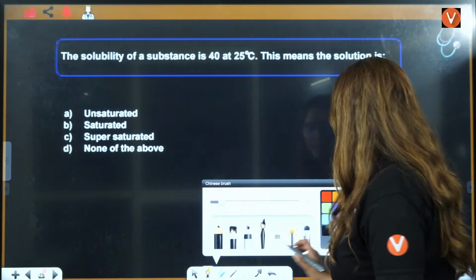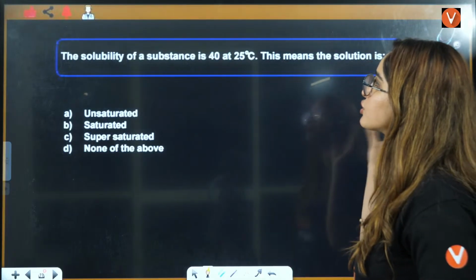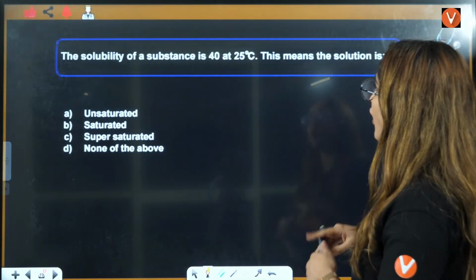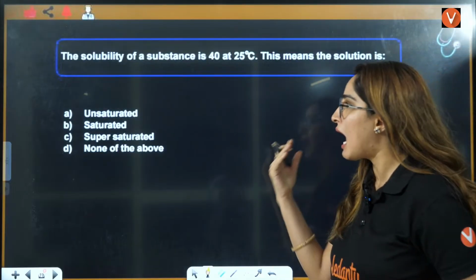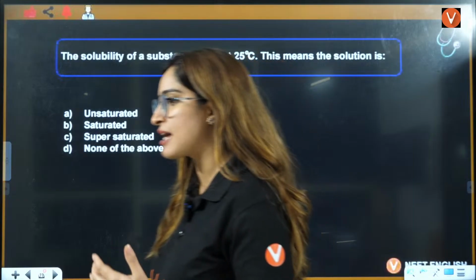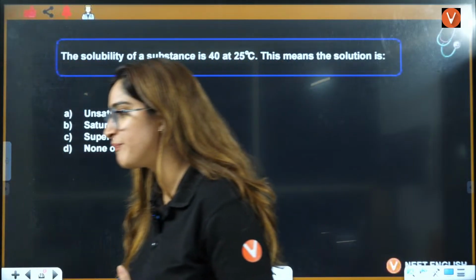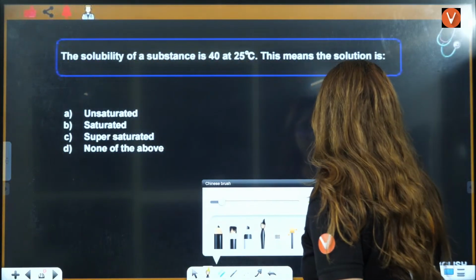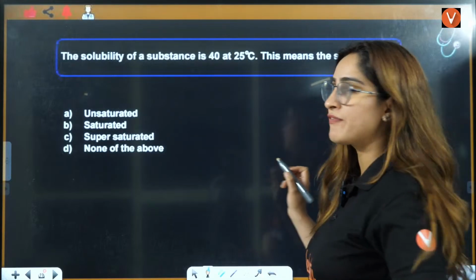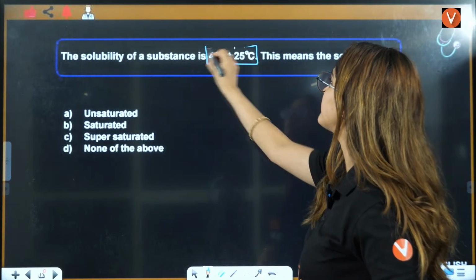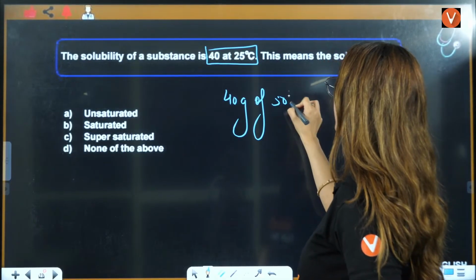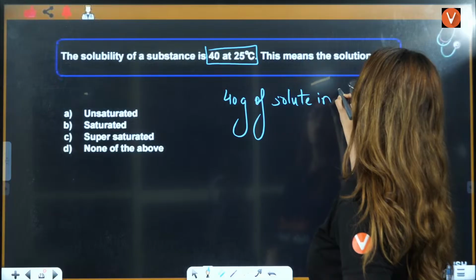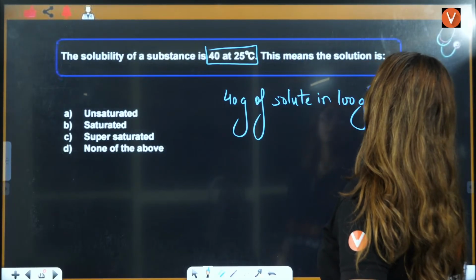Okay, now let us see this question here. The solubility of a substance is 40 at 25 degrees Celsius. This means the solution is unsaturated, saturated, supersaturated, or none of them. Whenever it is given 40 at 25, that means 40 gram of solute is dissolved in 100 gram of water.